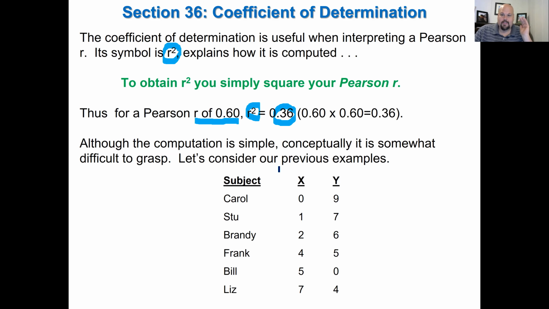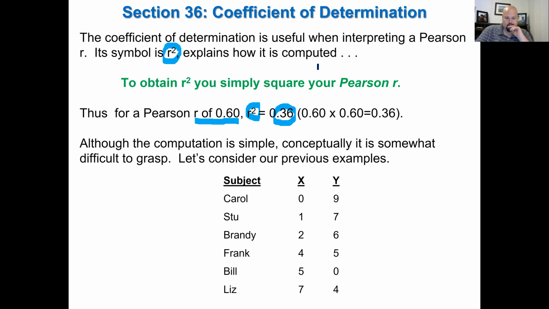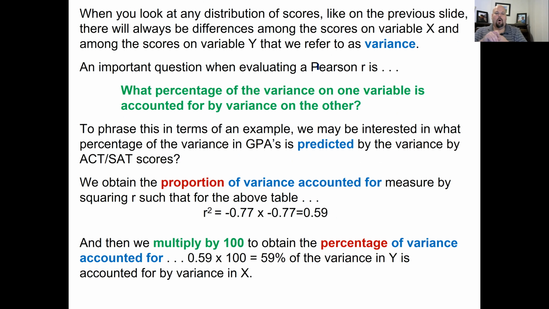So although it's a very simple calculation, conceptually it's a lot harder to interpret. It's harder to make sense out of what it is. So let's look at our previous example. You have all those subjects, X's and Y's, from Carol all the way down to Liz. When you look at those distributions of scores, there will always be differences among the scores on X's and Y's.